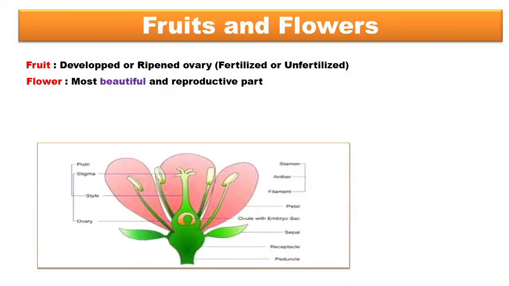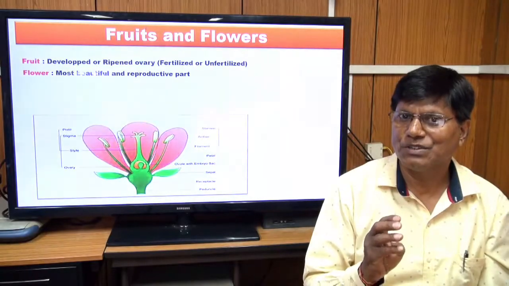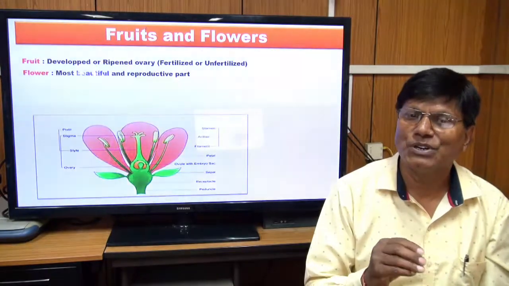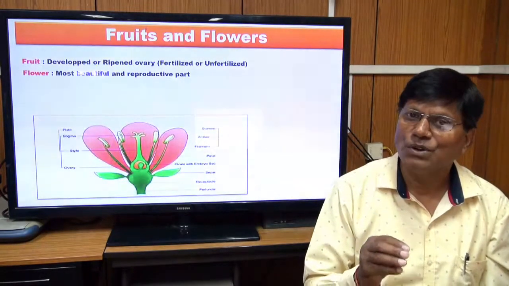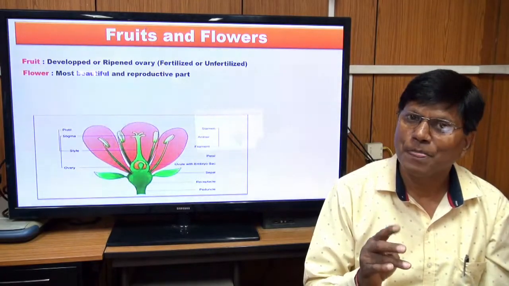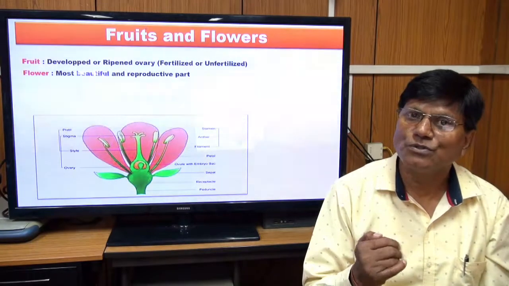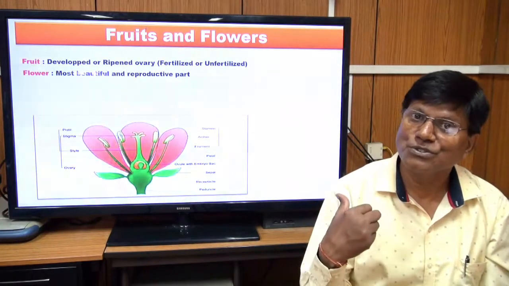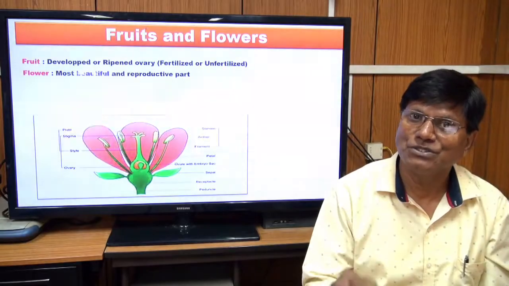Clear? Now we understood what is biology, what is agriculture, what is horticulture, what is fruit, what is vegetable, what is plantation crop. Now coming to fruit. Basically we have touched on fruit partially. In the whole course we have to study fruits and plantation crops.